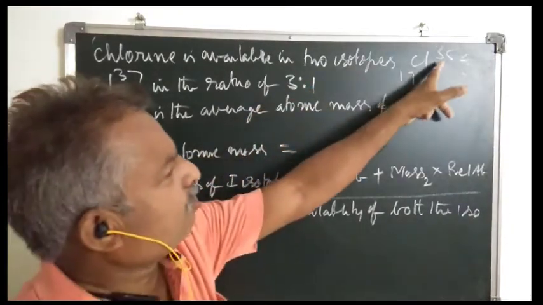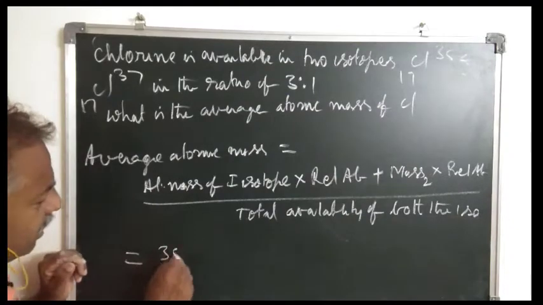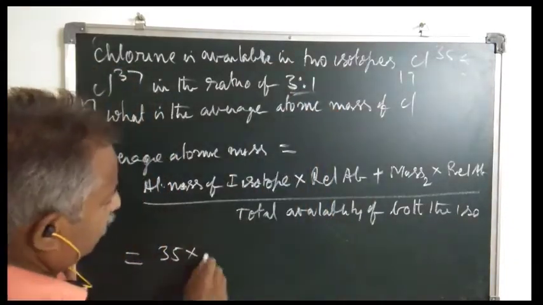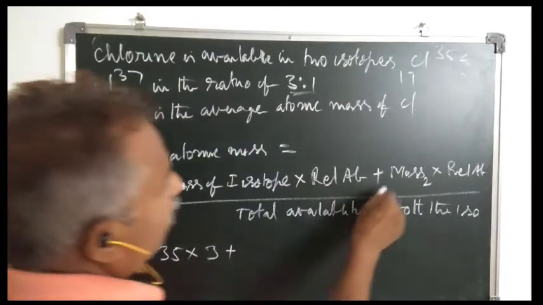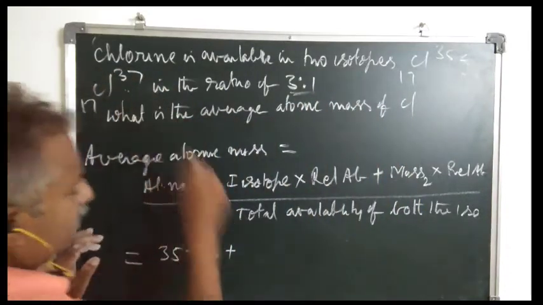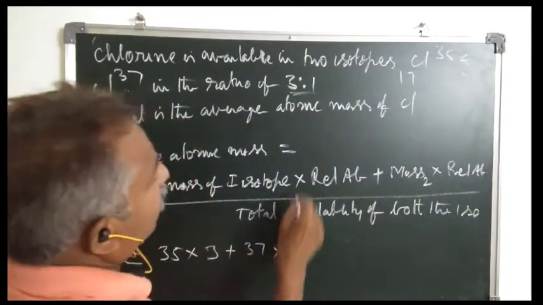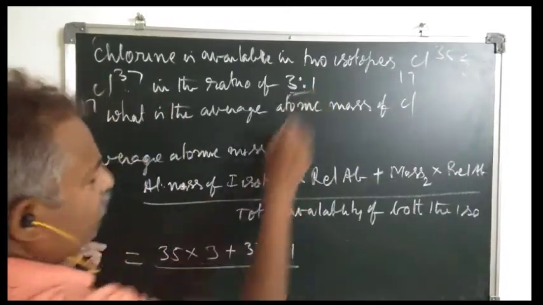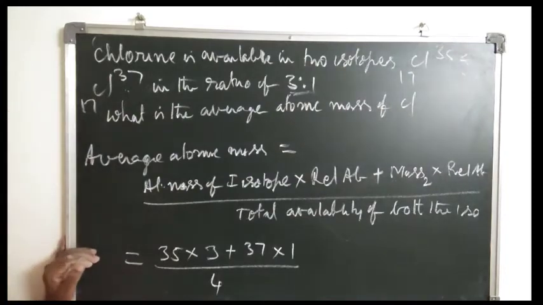Now equal to atomic mass of first isotope. Atomic mass of first isotope how much? 35. 35 into, what is the relative abundance in the ratio given? 3, plus atomic mass of second isotope here 37 and the relative abundance in the ratio given as 1. Totally this is 3 plus 1 equal to 4.